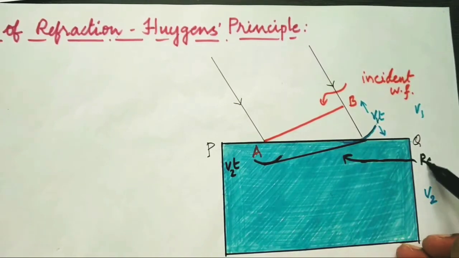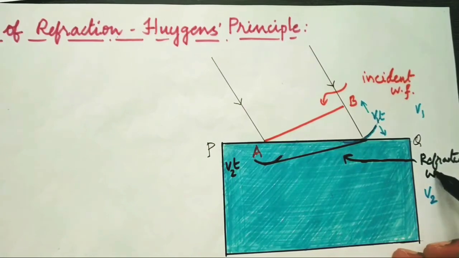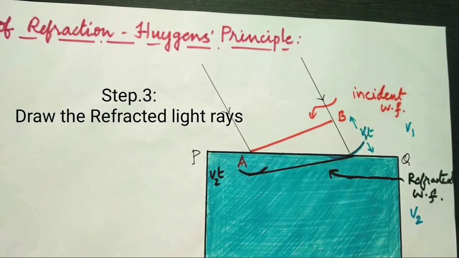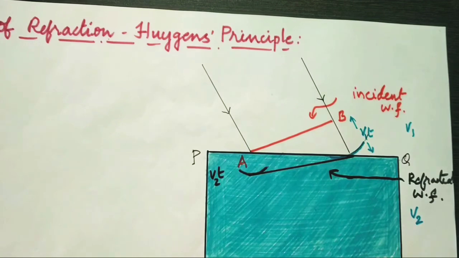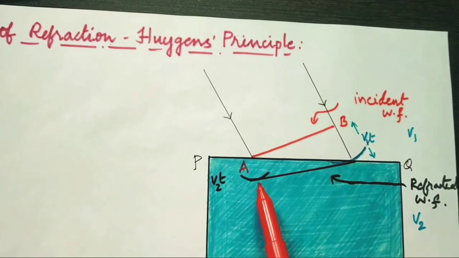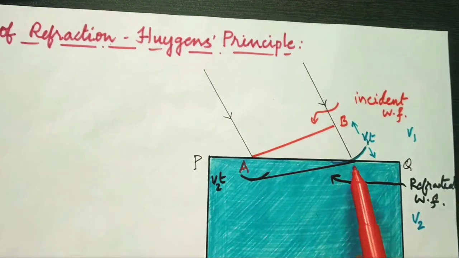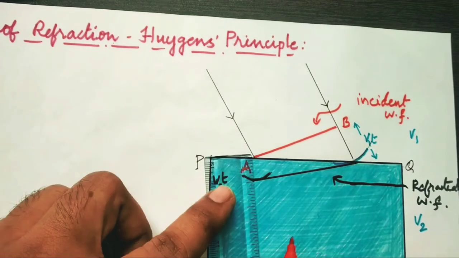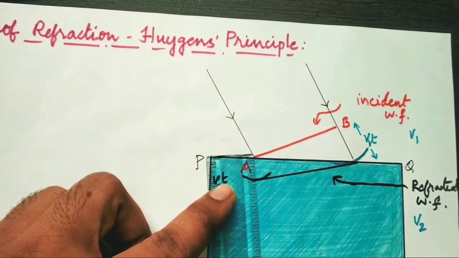Our next step is to draw the refracted light rays. The wavefront is perpendicular to light rays; in the same way, light rays are perpendicular to the wavefront. So in order to draw the refracted light rays, I will draw a perpendicular line from here to here, a perpendicular line to this wavefront.